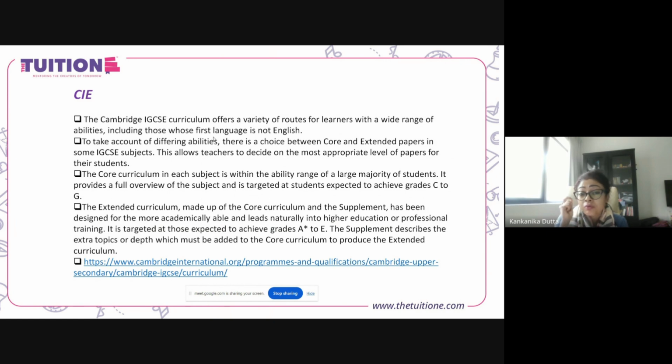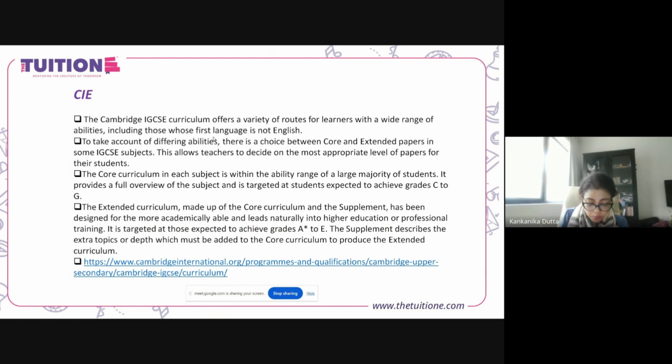But if they want to challenge themselves and take on additional subjects, then they'd go for the extended papers.